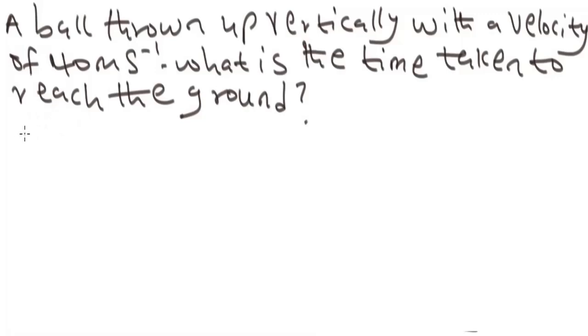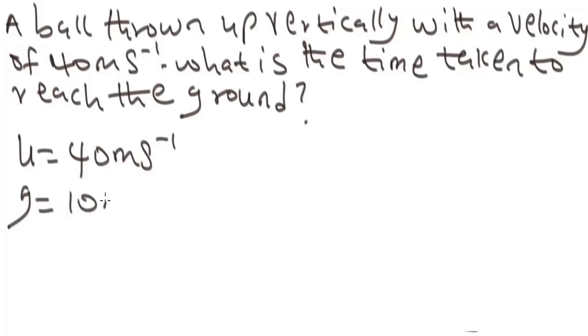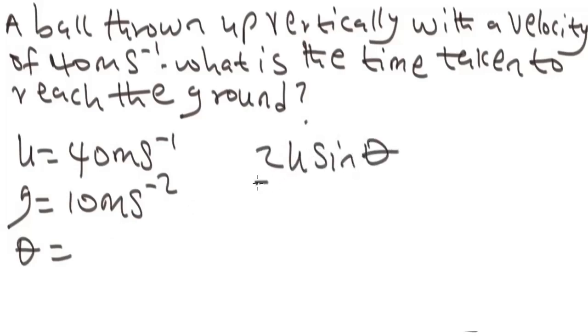In this question, our u, initial velocity, is 40 meters per second, and our g, acceleration due to gravity, is a constant, 10 meters per second square. We now need our theta, and to get this theta is simple logic.